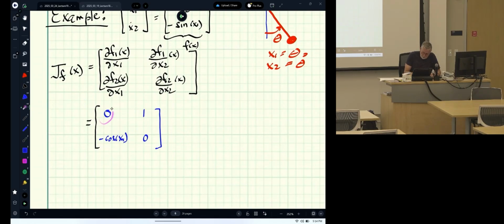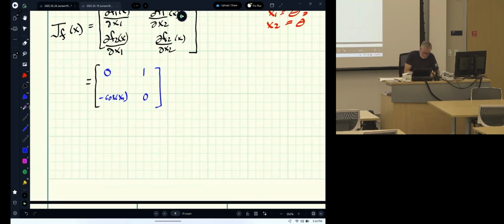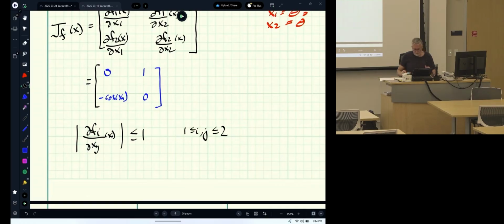So df1 dx1, df1 dx2, df2 dx1, df2 dx2, they're all less than or equal to 1 for 1 less than or equal to i, j less than or equal to 2. So there's the L. That holds true for all x, because the magnitude of cosine of x is less than or equal to 1.